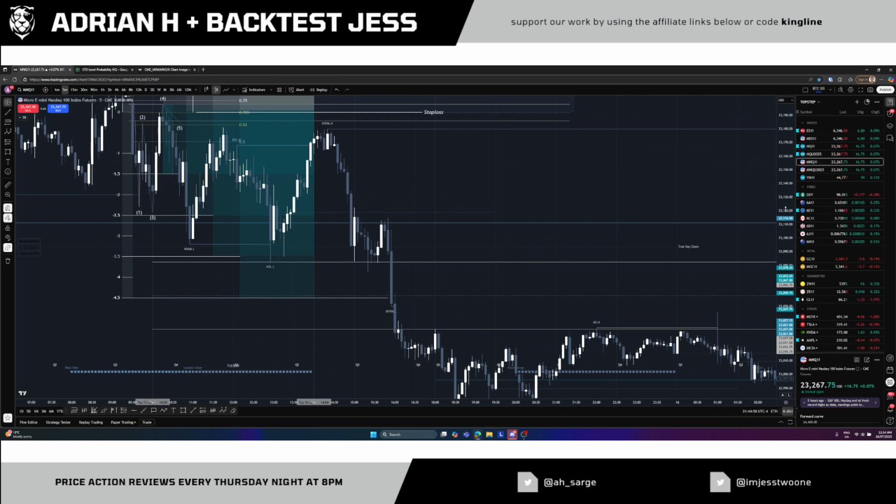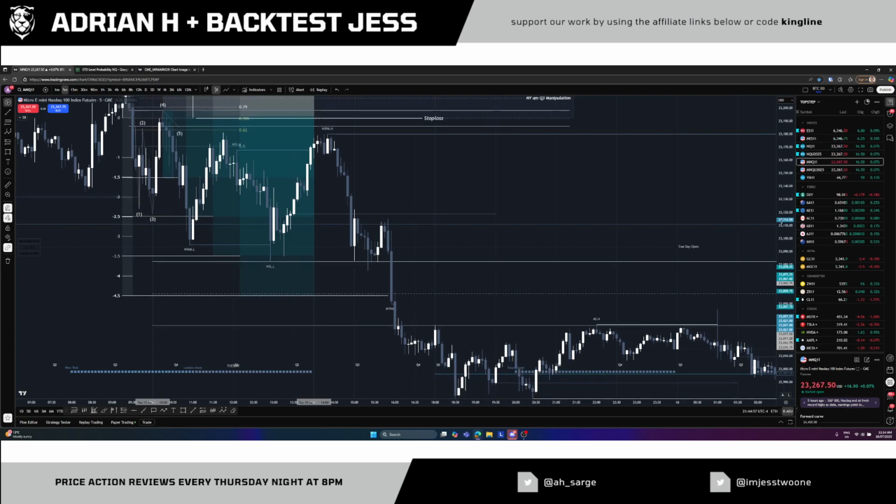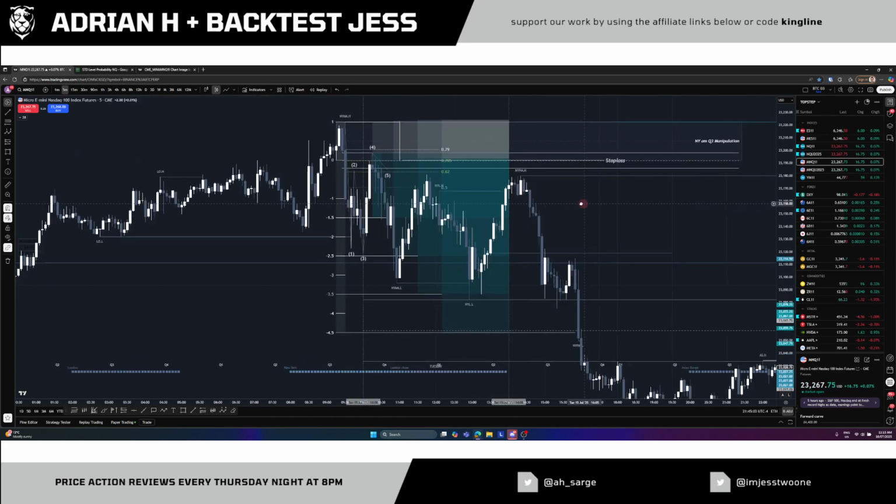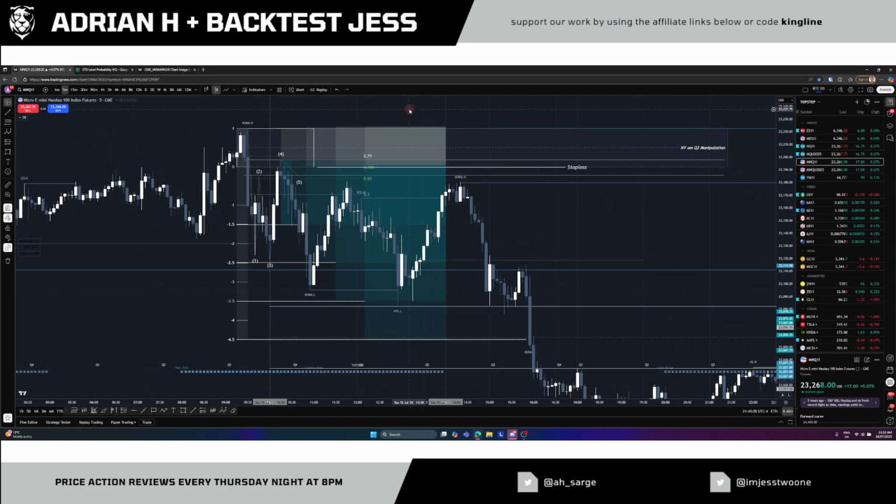Take notes, guys. SL in points are the same, so you take the same lot size. So the size on each account is the same, correct?